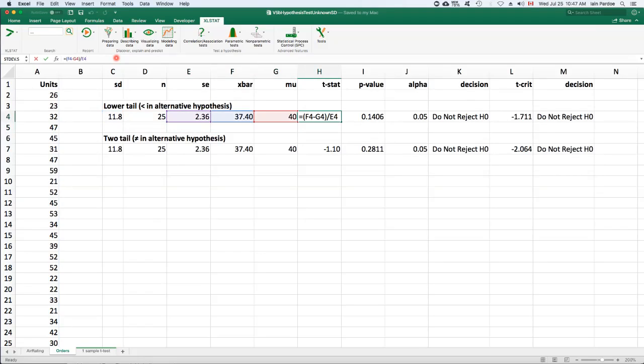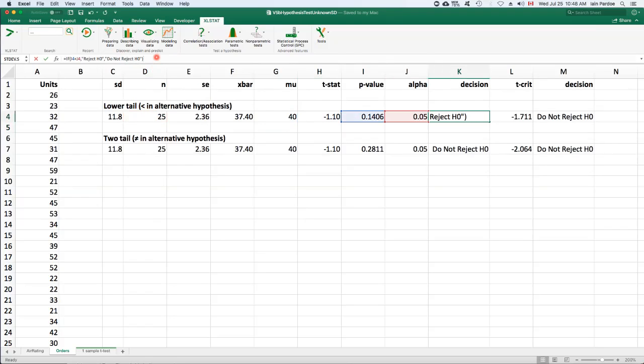Our test statistic is 37.4 minus 40, all divided by 2.36. That comes to minus 1.10. And our p-value, because we're doing a lower tail test, will be the tail area to the left of minus 1.10 for a t-distribution with 25 minus 1, 24 degrees of freedom. That comes to 0.1406. We'll test using an alpha of 0.05.